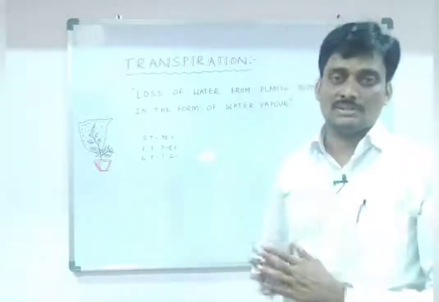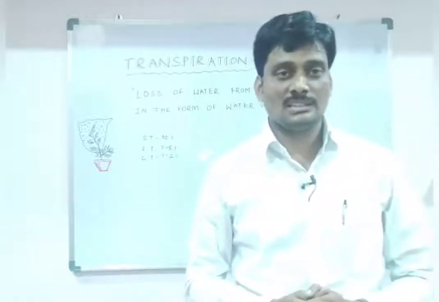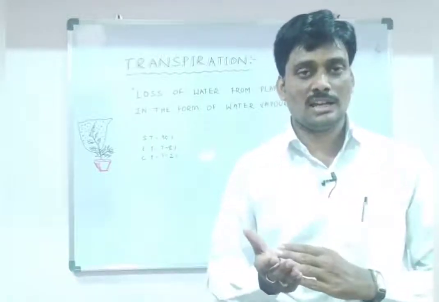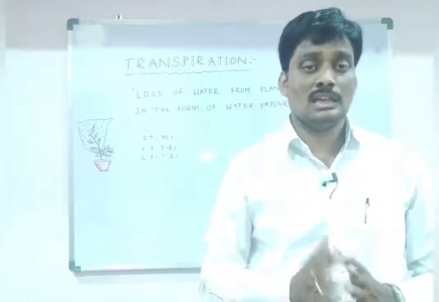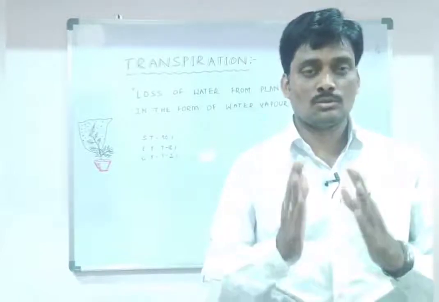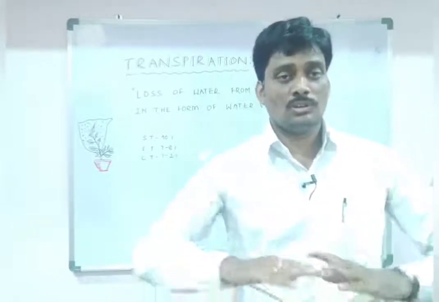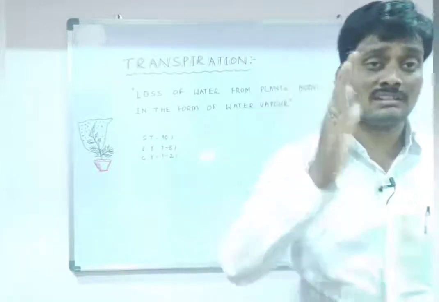Because of this, transpiration plays a major role in transportation and in providing water to the plants to perform photosynthesis, and it also gives a proper shape and structure to the plant. For all these reasons, transpiration is very essential.